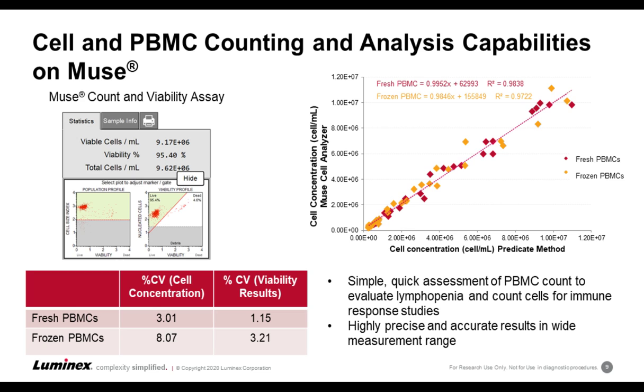So the assay can thus provide very important viability or concentration assessment of PBMC samples, which is important if you're planning on immune response studies or evaluating status of your sample or pre-screening your samples for a broader study.